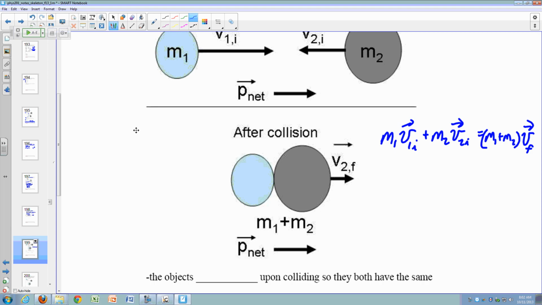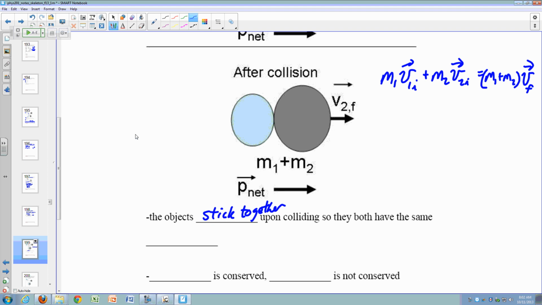It's actually quite a bit easier to work out these problems because you don't have two separate final velocity terms, you just have one final velocity term. So the objects stick together upon colliding. So they both have the same final velocity.